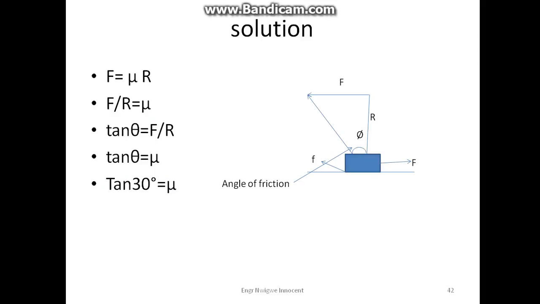Solution B. Looking at this body on an inclined plane of 30 degrees, assuming a normal reaction is acting with mg cos theta, then the force dragging the body down is mg sin theta.